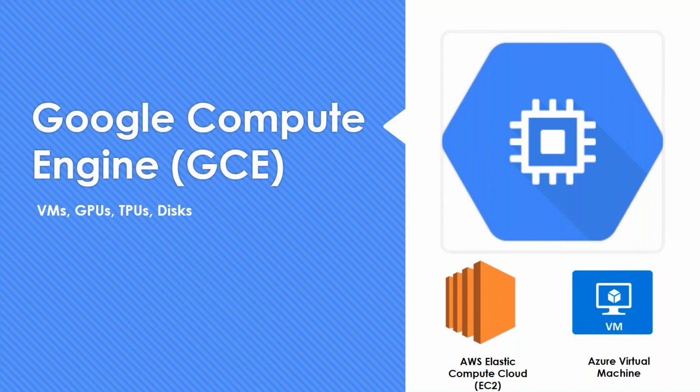Elastic Compute Cloud: only if you have some good understanding can you easily make out, oh, this is virtual machines. But look at Azure names. Simple, straightforward. Azure Virtual Machines. Anybody with minimum IT exposure can easily get it. So naming-wise, Azure names are really good. Even though we are learning GCP, I just wanted to give credit there. The naming of the various services in Azure is really good. Just a side note.